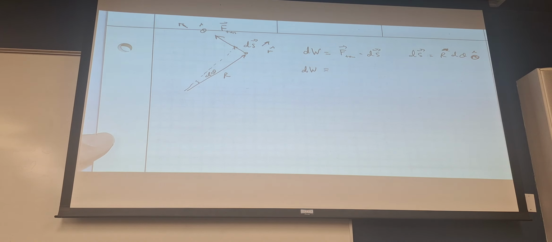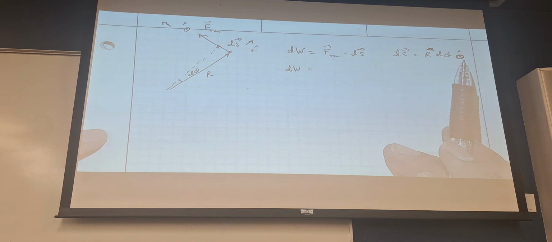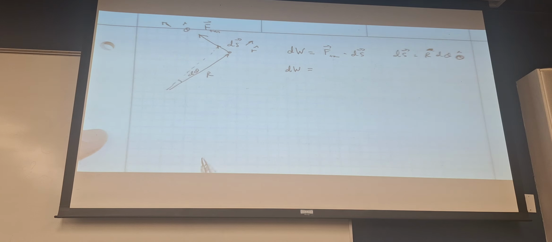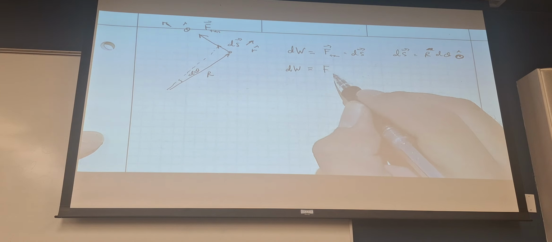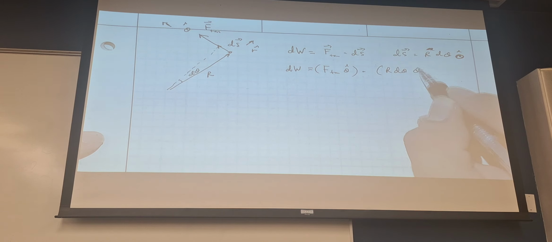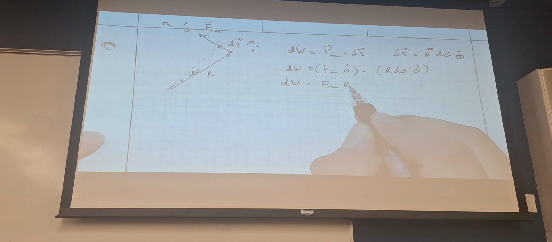Your displacement is in the direction of theta hat, so that's why it's theta hat. And same here, F tangential would be in theta hat. So this would be F theta hat dotted with r d theta theta hat. Putting this together, we get dW equals F r d theta.